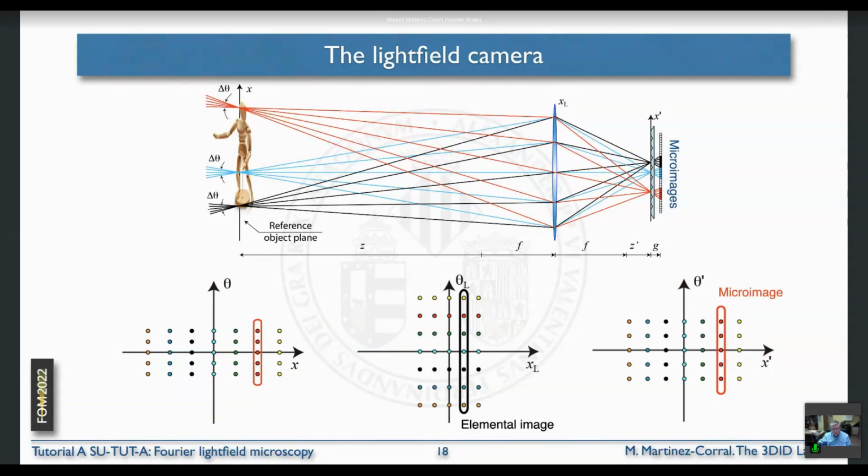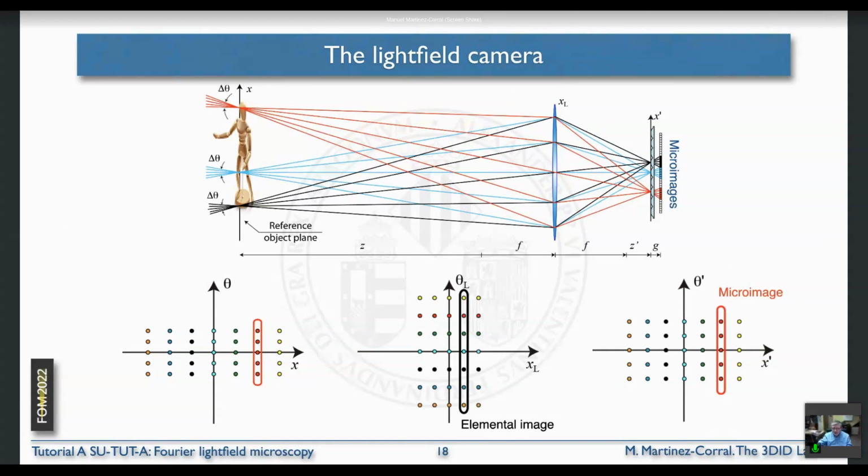So we can see that what was a row here now is a column here. So going from the object plane to the camera lens plane computationally can be made by simply rotating the Plenoptic map by 90 degrees. Okay, it's rotation plus some shearing plus some scaling, but basically it's a 90 degrees rotation.